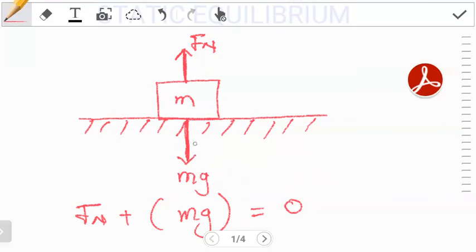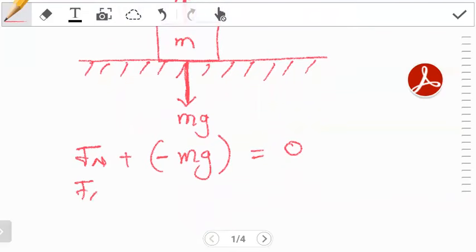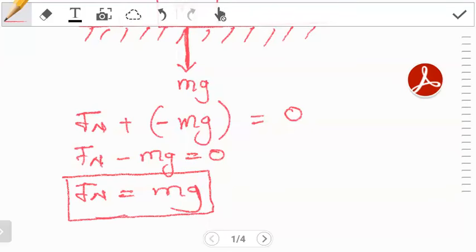Since this is going down, this is going to be a negative force. So this then becomes Fn minus mg is equal to 0. Then here, Fn is equal to mg. Now, this is what we mean. The forces acting on a system that is in equilibrium are equal or are balanced.